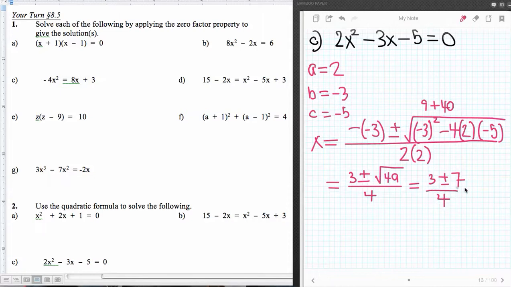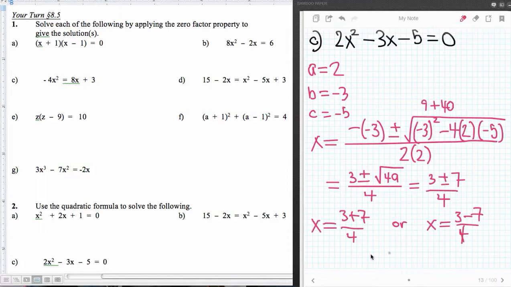Now when this comes out to be an integer, we know that this thing is actually factorable. And so this means that our solutions can look like x equals 3 plus 7 over 4, or x could equal 3 minus 7 all over 4.